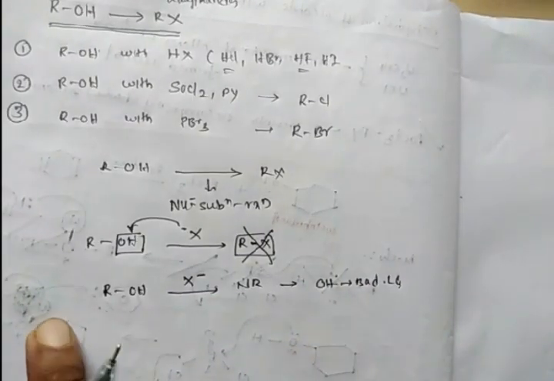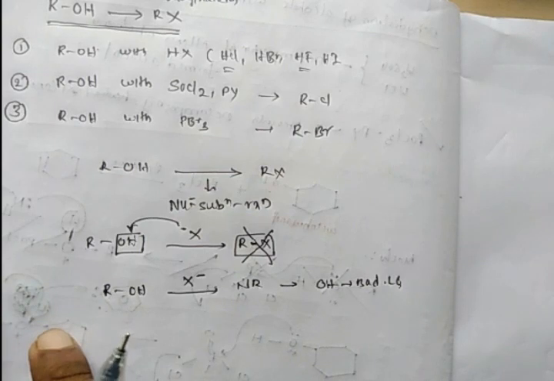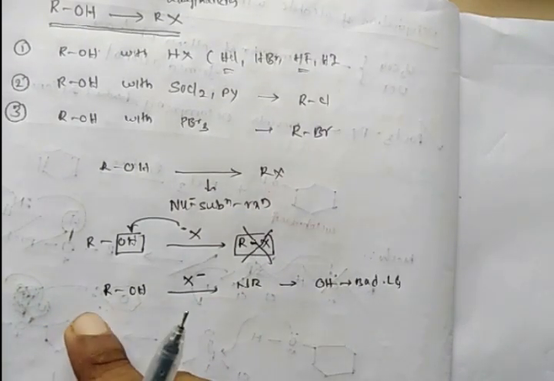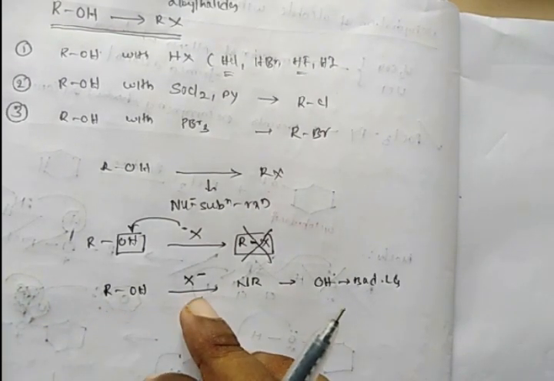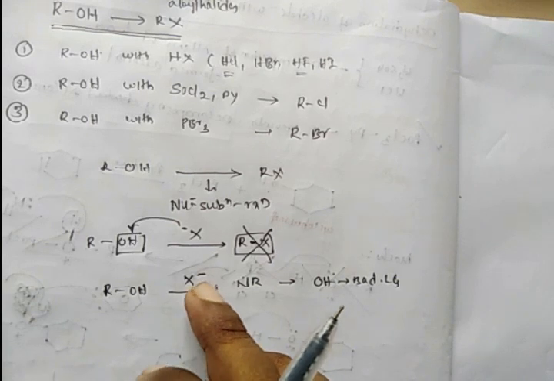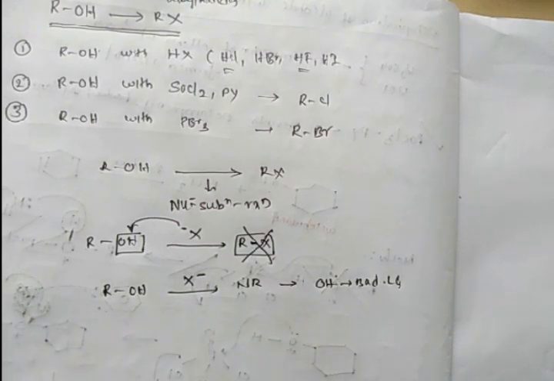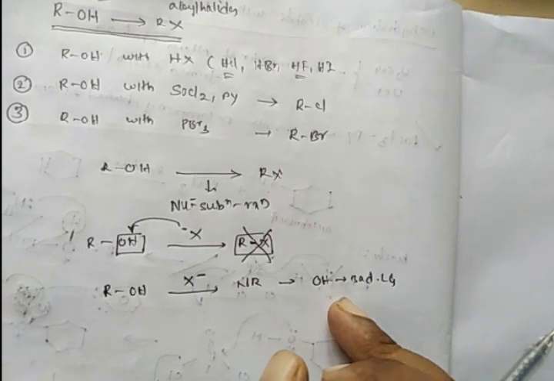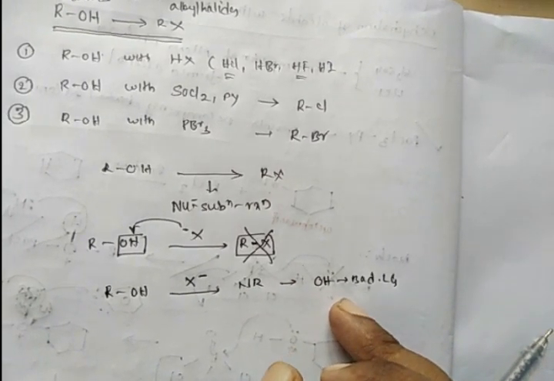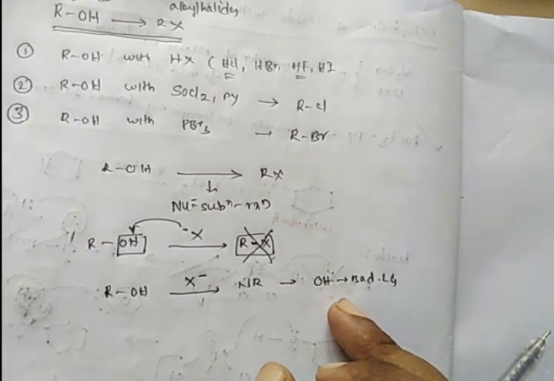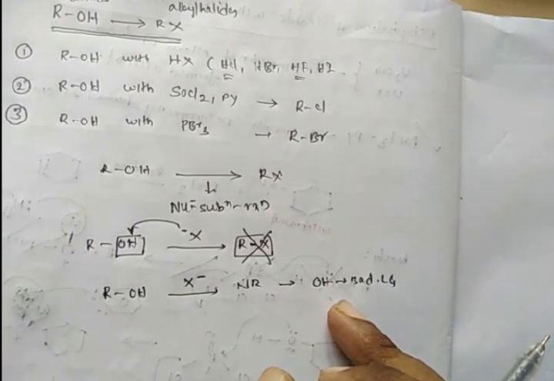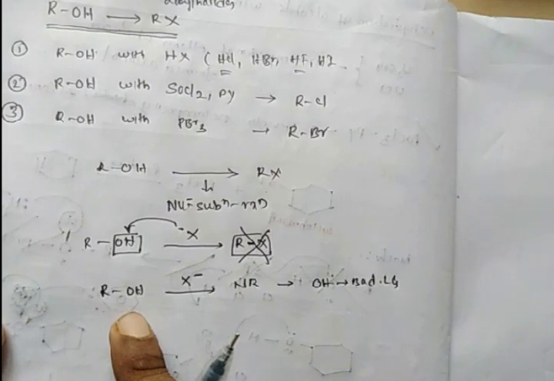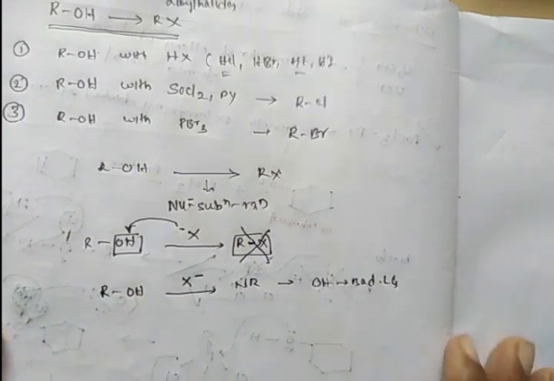So in order to convert alcohols into alkyl halides, when you treat these alcohols with a nucleophile like chlorine or bromine or iodine, the conversion is not possible because OH is a bad leaving group. In order to make this transformation possible, we have to convert this OH group into a good leaving group.